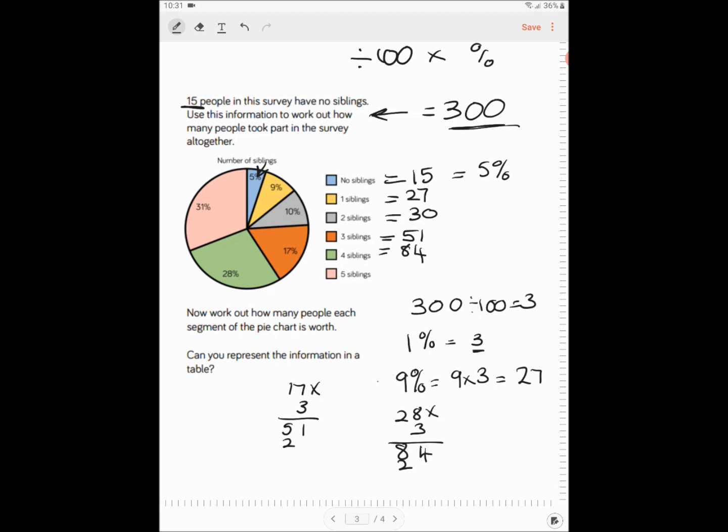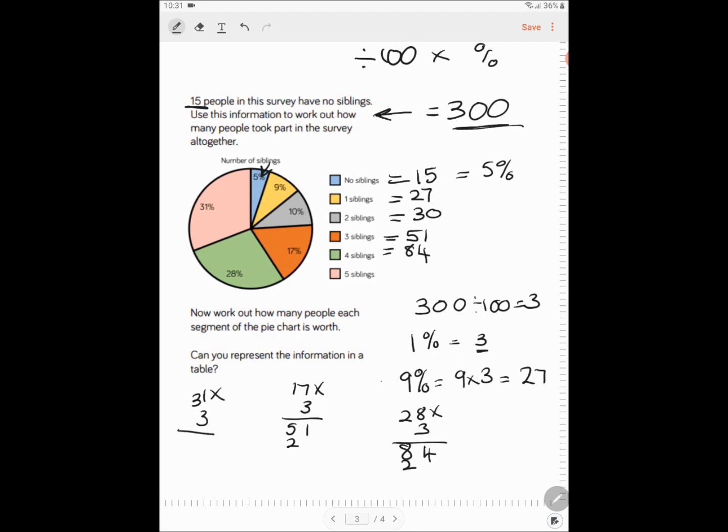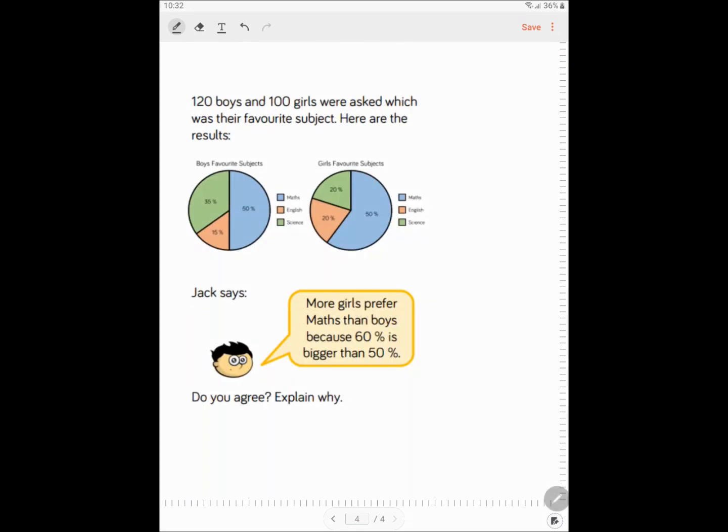So I'm going to use the same thing. I'm going back to my 1%, and I'm going to say 31 multiplied by 3. You should be able to do this one in your head, but 1 3 is 3. 3 3s are 9. So 93 people in the survey had 5 siblings. Now, I'm not going to worry about doing this one because that will actually take quite a lot of time. I'm sure you are more than capable, if you were faced with a problem like that, of being able to do that.